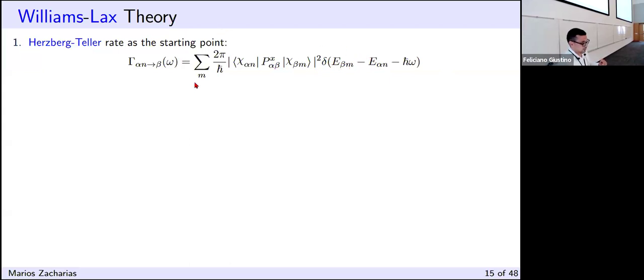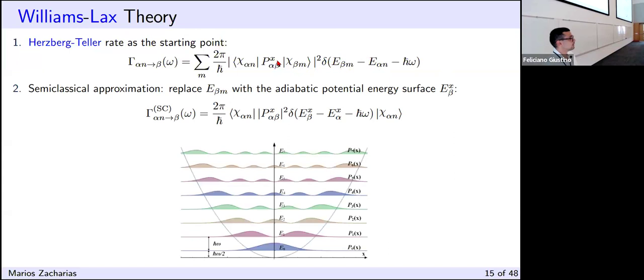And evaluating this object is computationally very demanding because you have a lot of transitions between all nuclear states. What do we do to get rid of this complexity? We need to use the classical approximation and replace the joint electron-nuclear energies with the adiabatic potential energy surface.